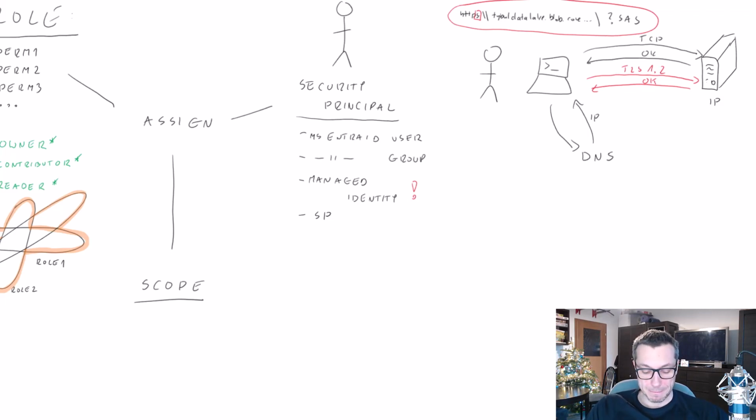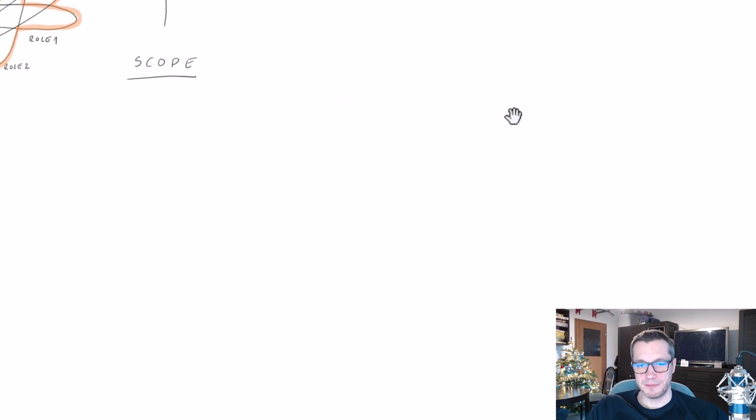And now, when we think about the scope, we should think about the hierarchy of resources in Azure. So it looks like this. Whenever we were creating some resource like a data factory, data lake, or some other stuff, actually, let me draw it.